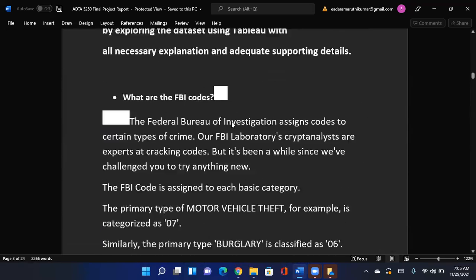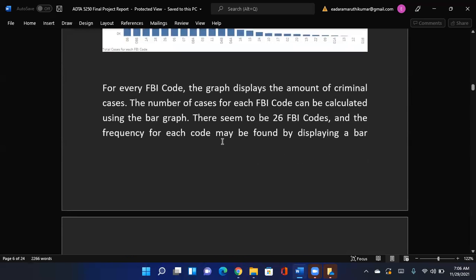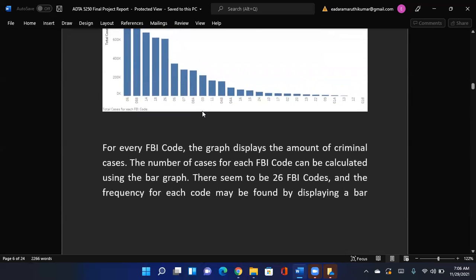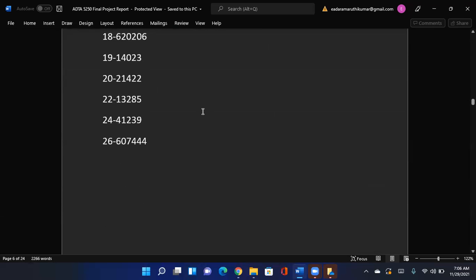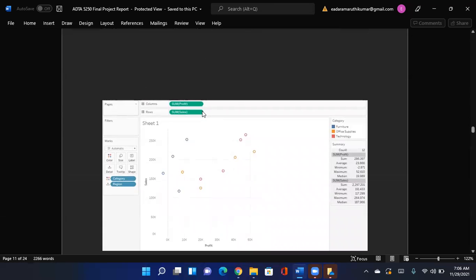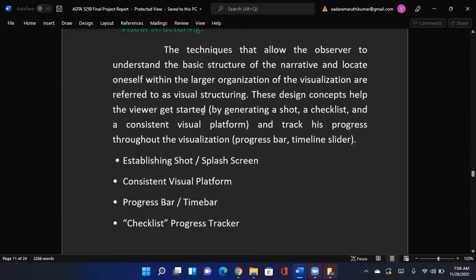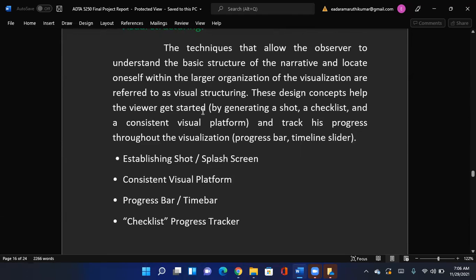After that, I worked on FBI cases and what crimes are there; everything I worked on here. After that, I worked on the sales and profits of the category and the segments. At last, in part four, I worked on narrative data visualization with different examples and the best practices of narrative data visualization.